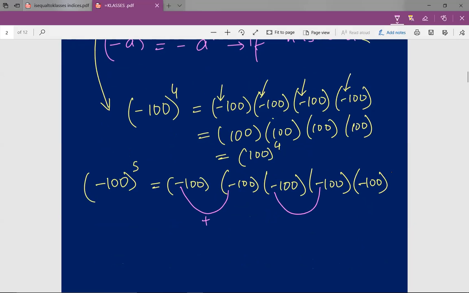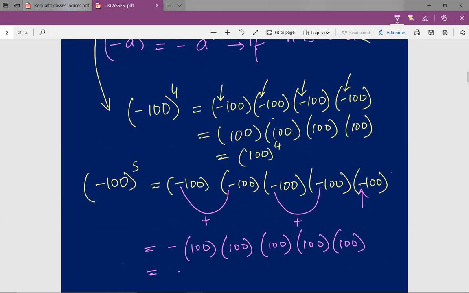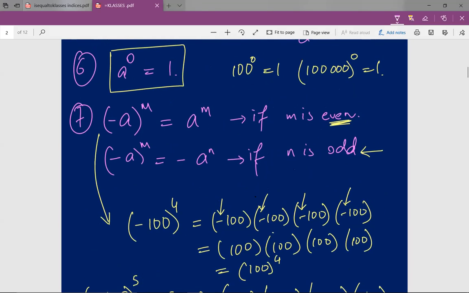These two negatives will cancel, they will become positive, but this will remain. So this would be equal to minus 100 into 100 into 100 into 100 into 100, and this will be equal to minus 100 raised to power 5. And this is what is meant by this rule, that if n is odd, then this minus will remain.